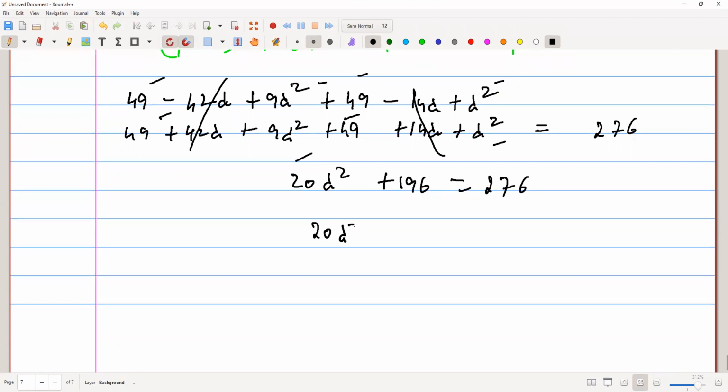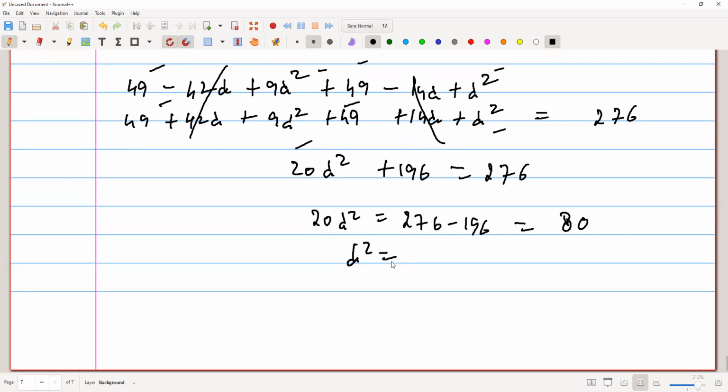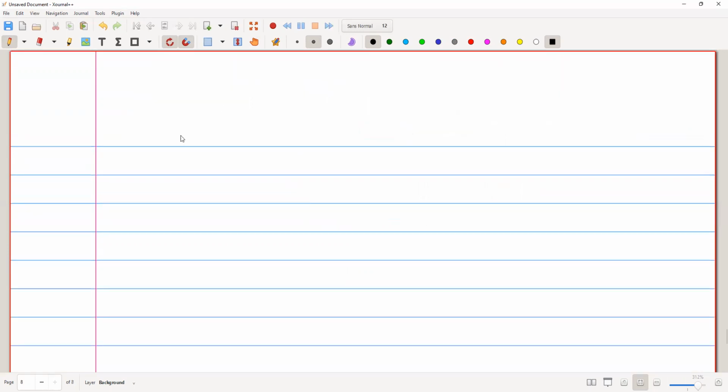So 20 d square equal to 276 minus 196, 80. d square equal to 80 by 20, 4. Taking square root, d is plus or minus 2. Square root of 4 is plus or minus 2. So a equal to 7, d equal to plus 2, and a equal to 7, d equal to minus 2.